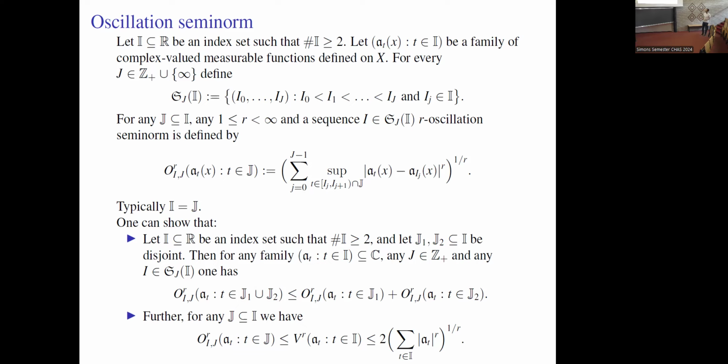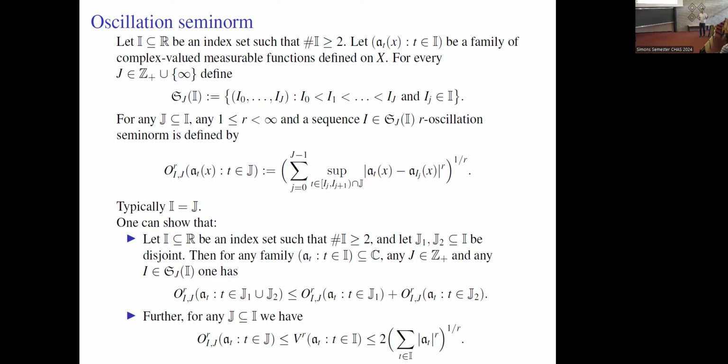All right. So the first observation is that it's a bit inconvenient that this interval is open at the right endpoint, because we can have functions which are non-constant and still the oscillation semi-norm is zero.